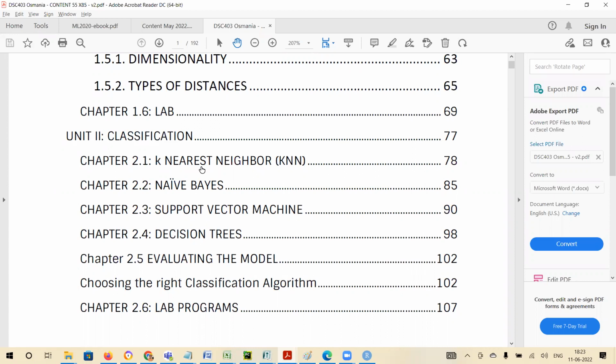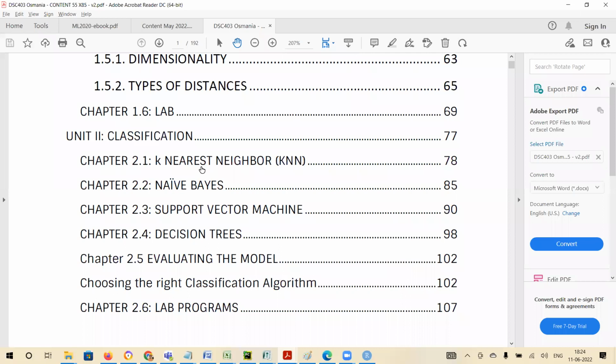What is support vector machine? In support vector machine, we are trying to find a plane which will divide the data set by the largest possible distance.